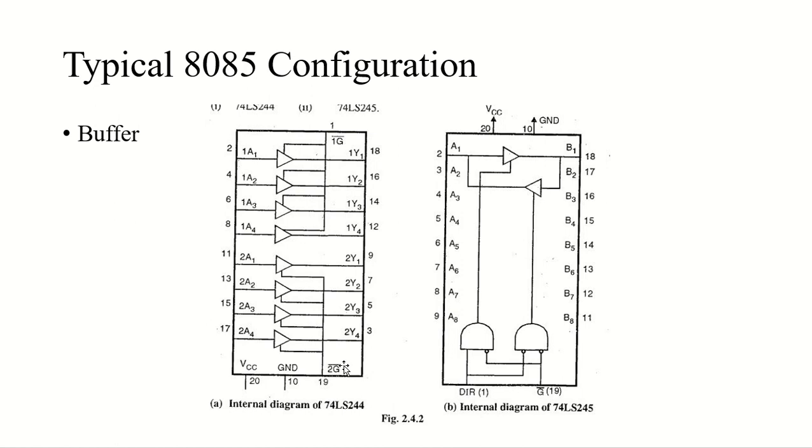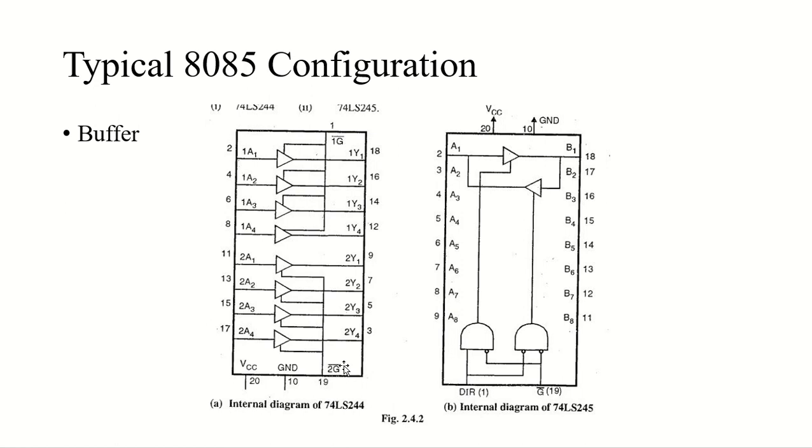Then we have the S245, which is actually a bidirectional buffer, and it is used to increase the driving capability of the data bus. Because of that, they are often also called octal bus transceivers. You can see the internal structure of S245 on the right hand side of this slide.